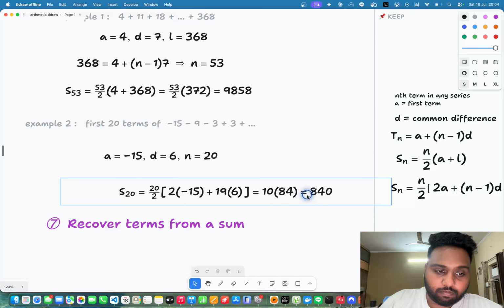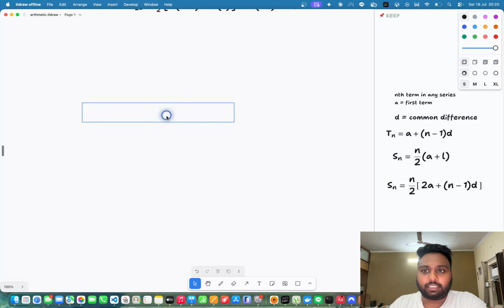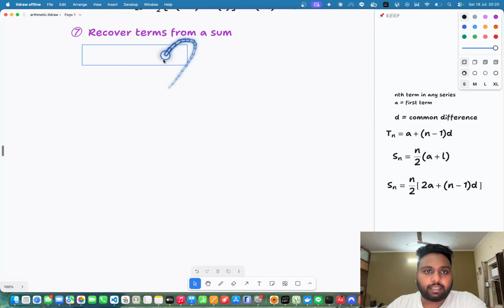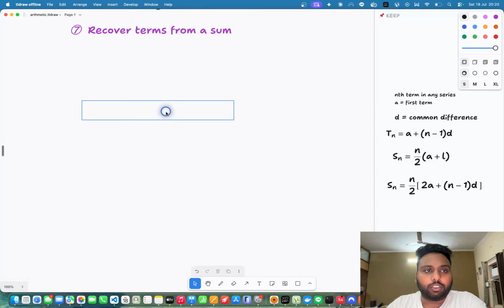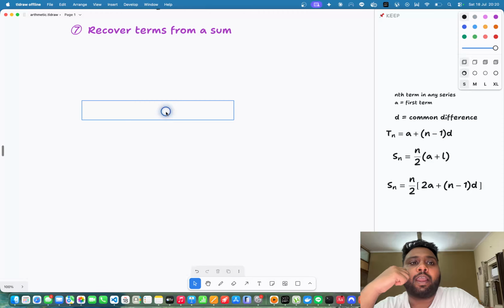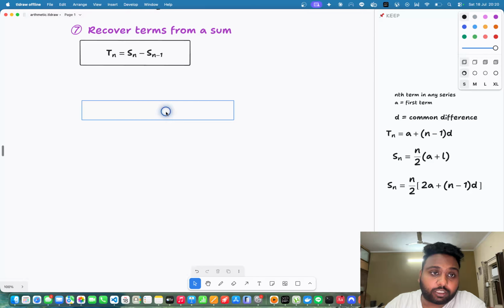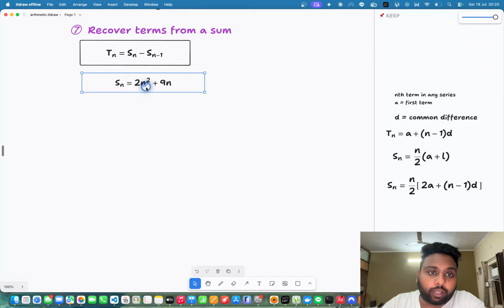Okay. Let's look at one last type of question that we have for S of n. In some questions, what they will give you is a formula for S of n, and they will ask you to find the series based on that. So for example, let's look at this first. This is something which will be given to you in the question.